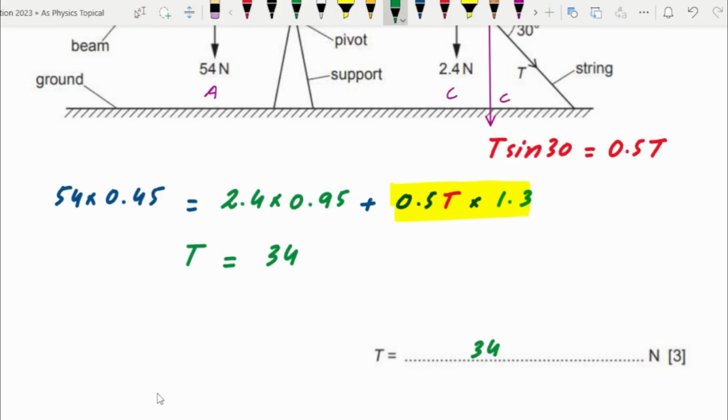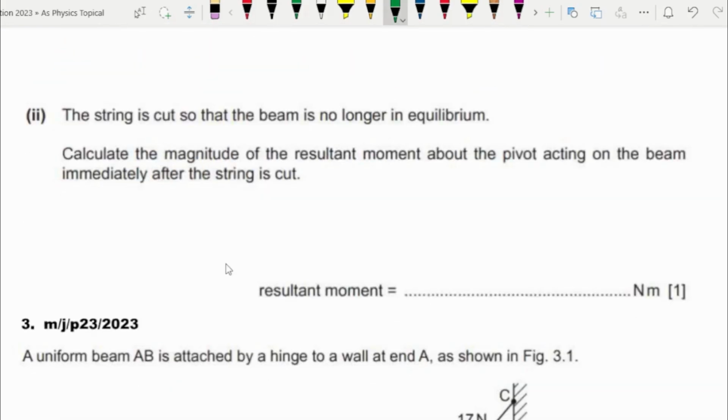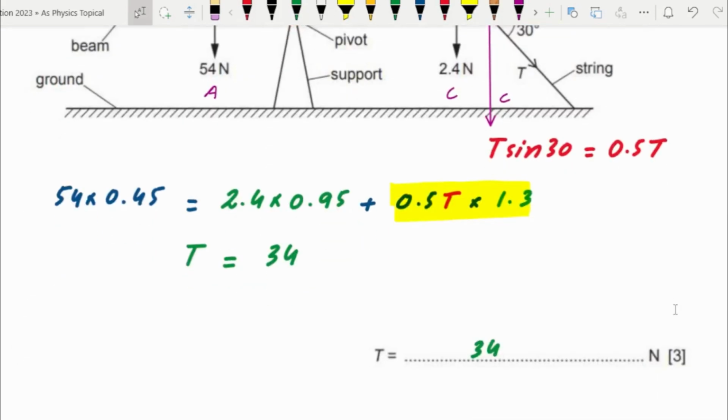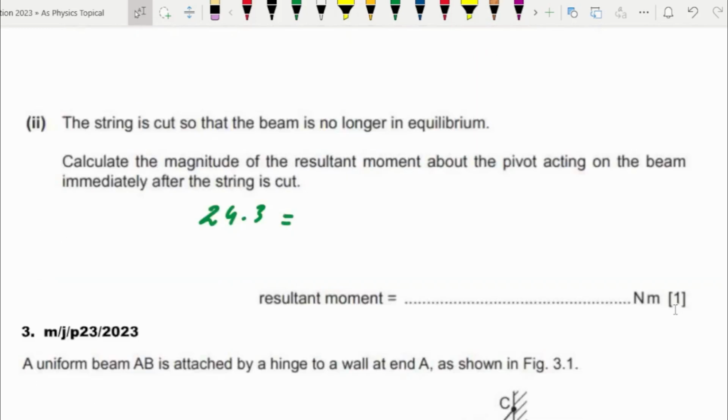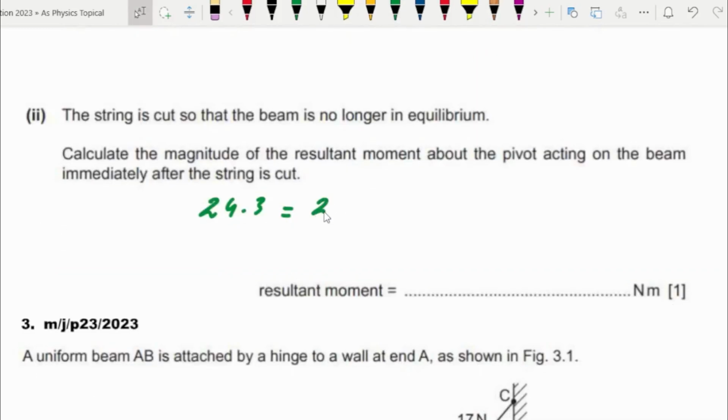What is the moment of force that we have on the left side? That will be 54 times 0.45, which is 24.3. So anti-clockwise we have 24.3. And what do we have clockwise? Let's calculate that too. Now we have only 2.4 into 0.95. That's it, 2.28.